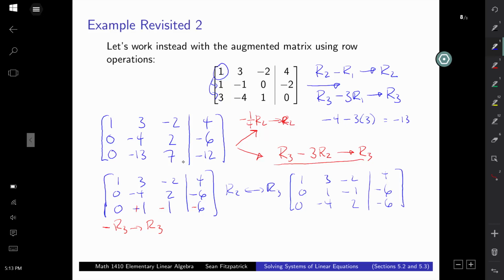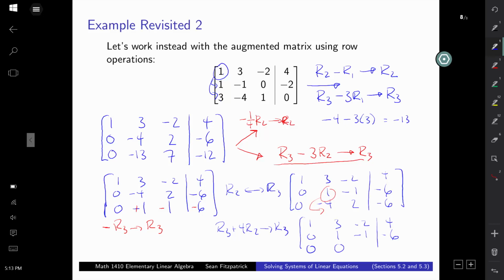And where do we go from here? Well, now I'm going to use this 1 to get rid of the 4. So I'm going to go row 3 plus 4 row 2 is my new row 3. 1, 3, minus 2, 4, 0, 1, minus 1, minus 6, 0.